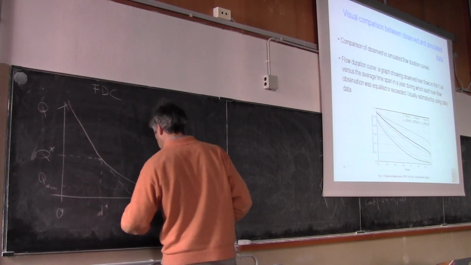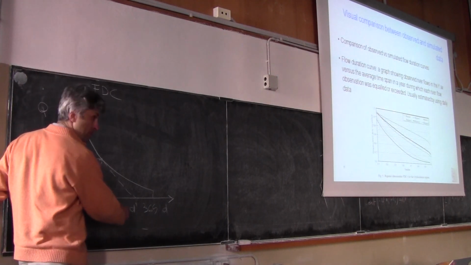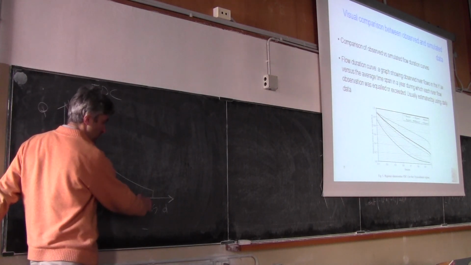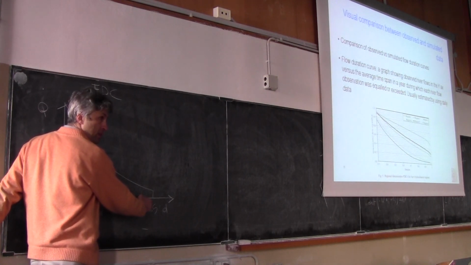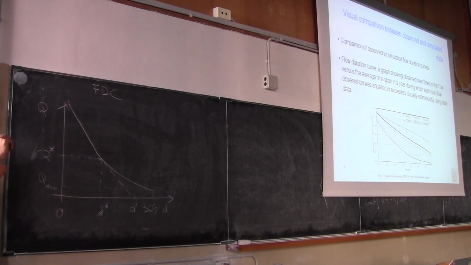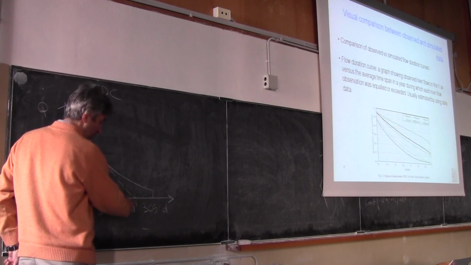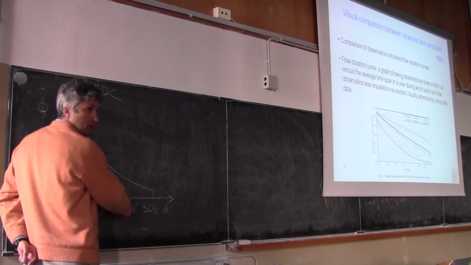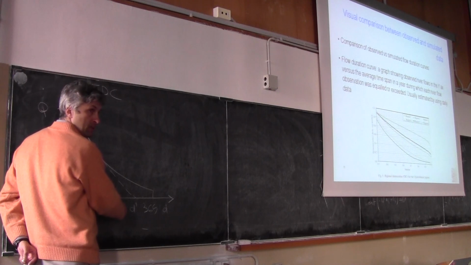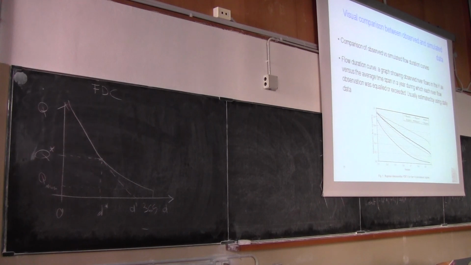Let's call this d prime, and the time interval between d prime and 365 gives an indication of the average number of days in which the river is without water, is dry. Again, if the flow duration curve collapses on the abscissa and you indicate the duration of the collapsing point with d prime, the time span between d prime and 365 represents the number of days on average in which the river is dry.